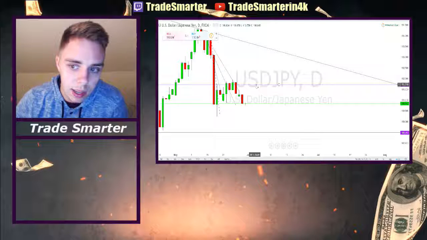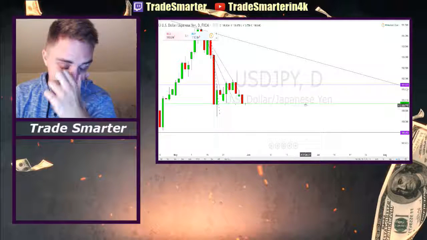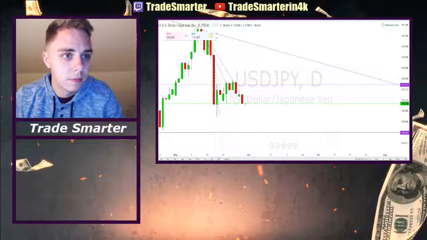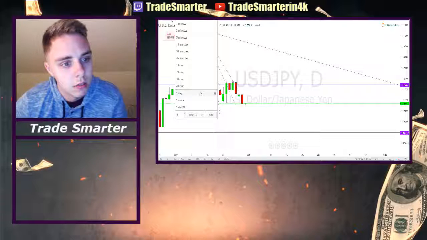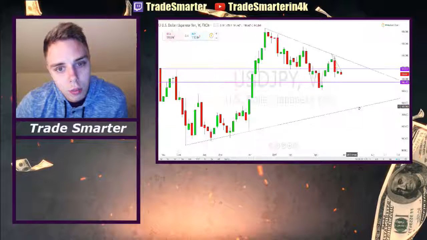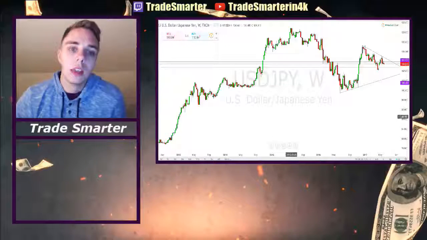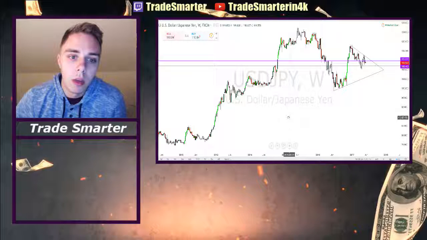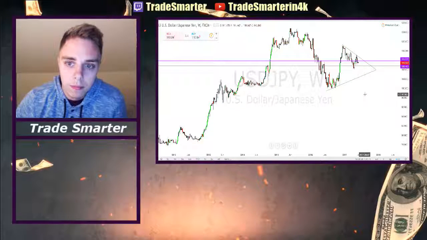I expect to get at least this purple line here. We know that's an area of resistance, even value of resistance. Let's just check the week. I don't like to check the month because I don't think that it's necessary. I think that you can get the same exact picture with the week with a little bit more accuracy, in my opinion.